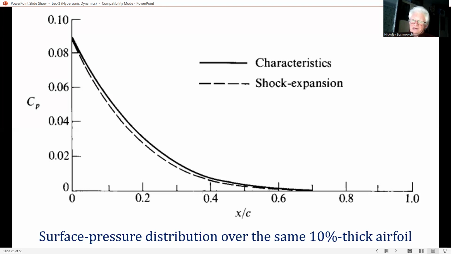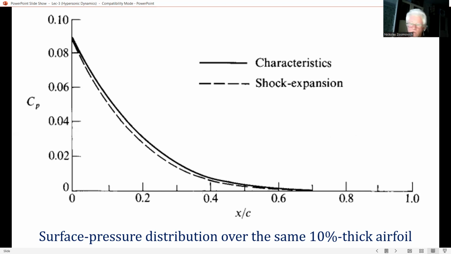After passing through the attached shock wave at the nose, the actual flow does indeed expand around the body. And this expansion process is approximated by the assumption of a local Prandtl-Meyer expansion. Why this is not a precisely exact calculation was discussed two steps before.